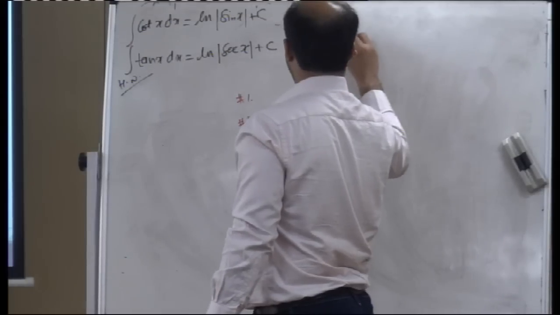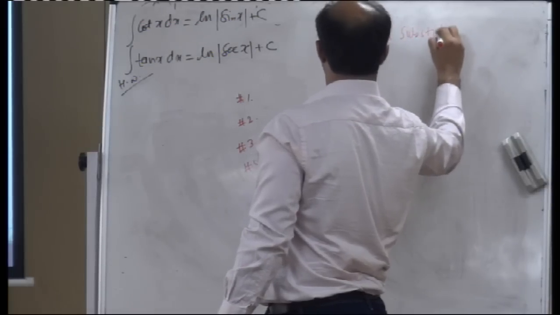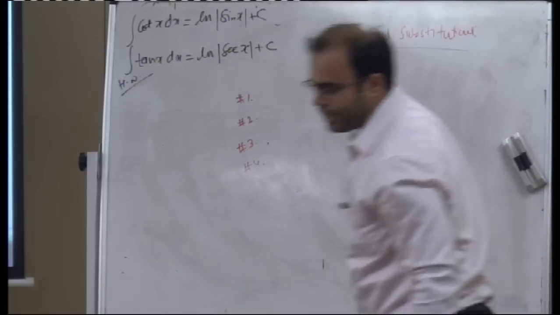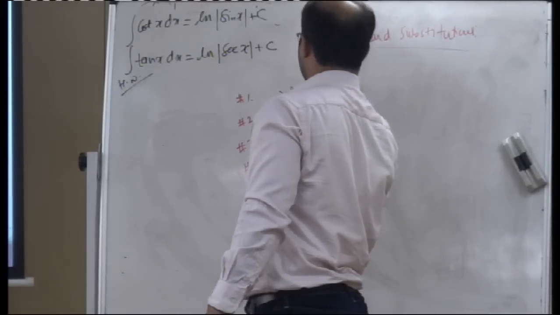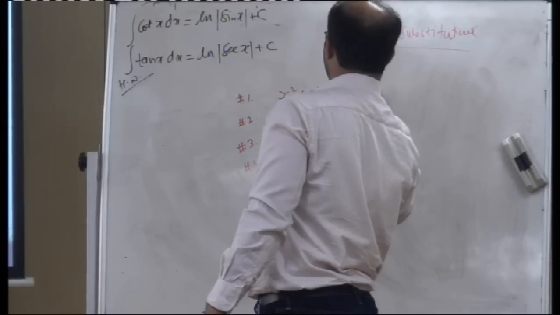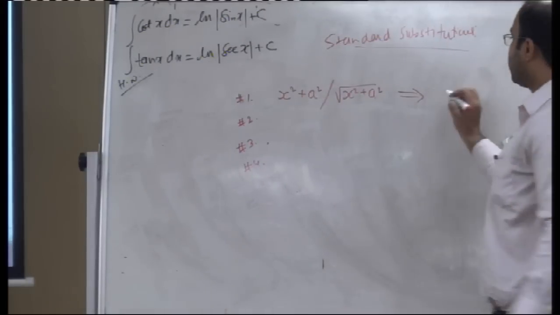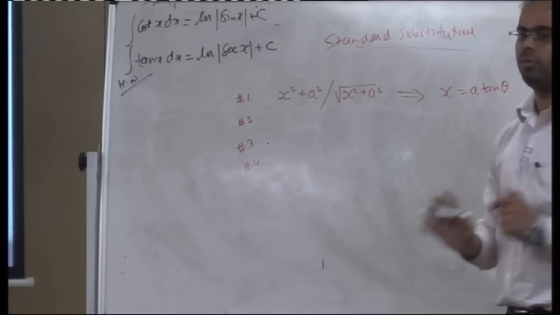These are some of the standard substitutions. So first is, if it is given of the form x square plus a square or root over x square plus a square, what you have to substitute is x equal to a tan theta. Mostly this is what we do.